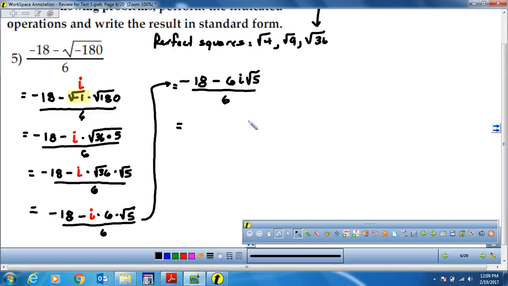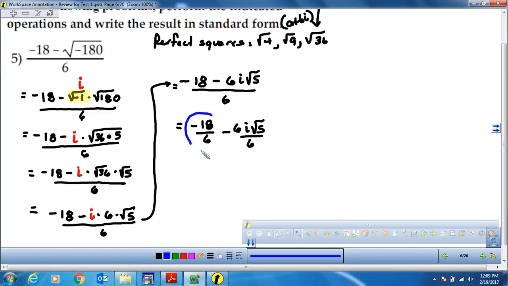Okay? Last part is, if I want to write the result in the standard form, which is the form A plus BI, what I have to do is divide them both by 6. So negative 18 divided by 6 right here, minus 6i square root of 5 divided by 6.